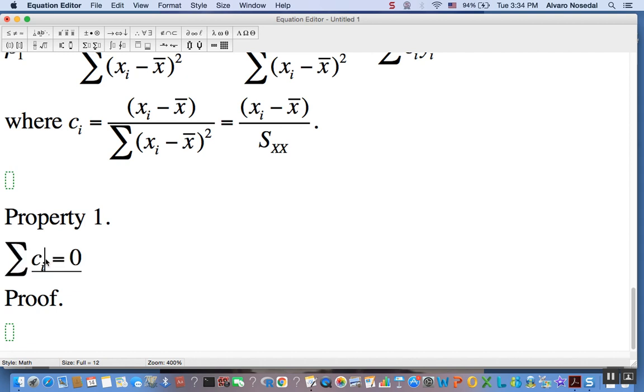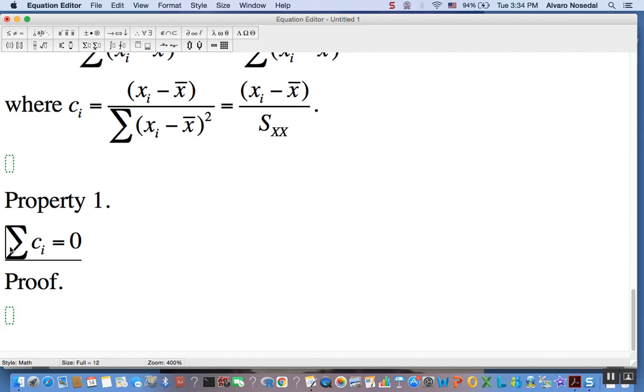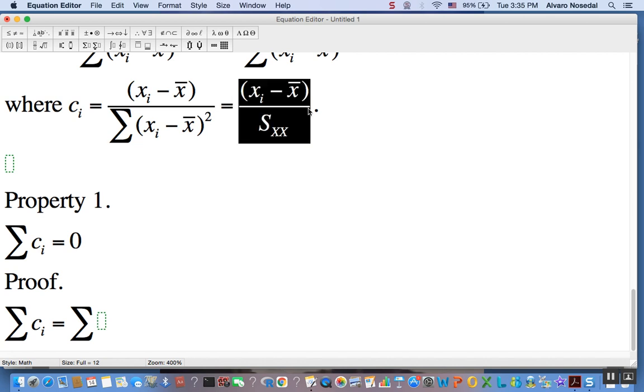Let's start from the left hand side. Let me remind you that ci is just xi minus x bar divided by Sxx, right?